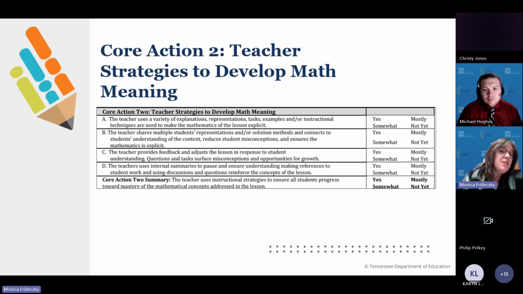So strong evidence. How will I know if I'm seeing evidence of core action 2? Some strong evidence, particularly if we look at core action 2D, is what this might look like. In this classroom, teachers are prompting students to talk to one another about what they're learning.